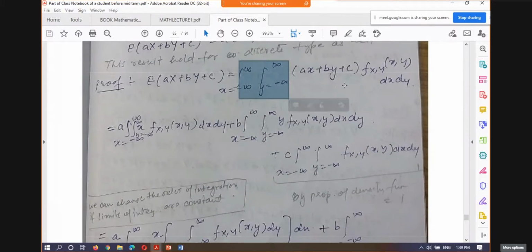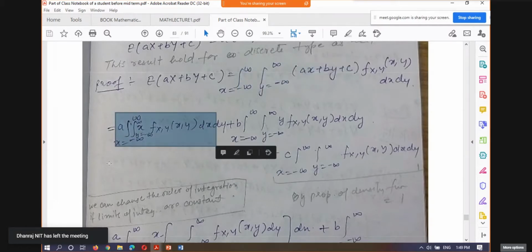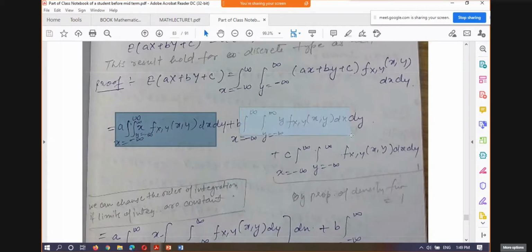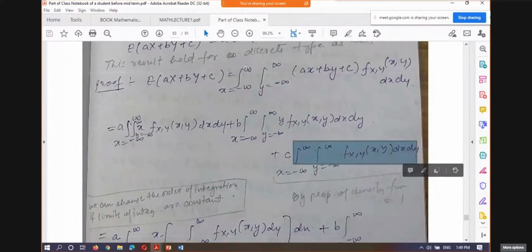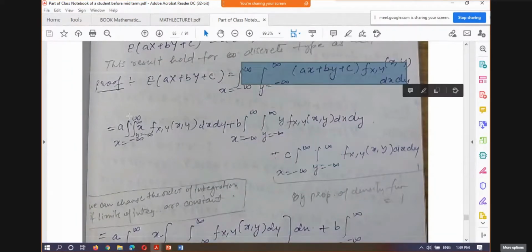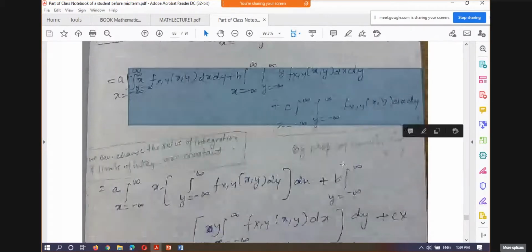Then we use the linearity property of integration. Because this is a sum, we can split it like this: a x, and then plus b y, because a and b are constants, they can go outside of the integration, and c. This can be rewritten like this by using the linearity property of integrations.